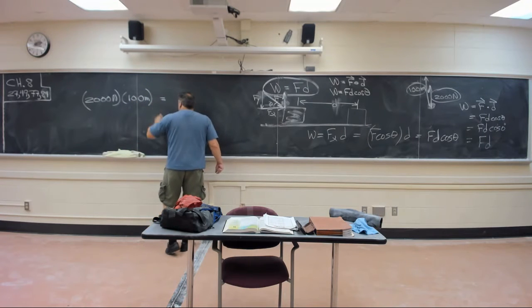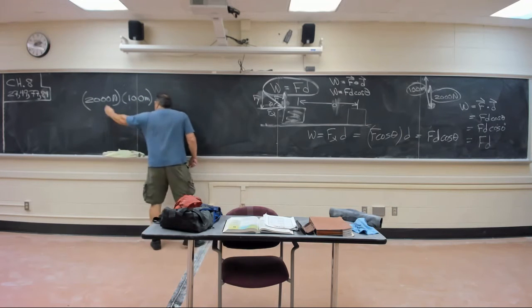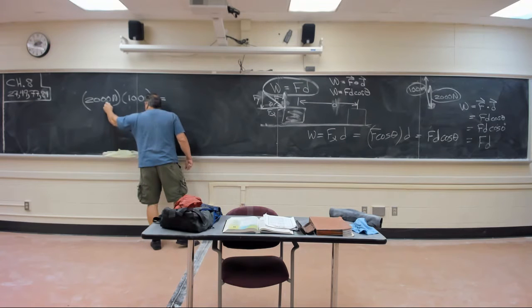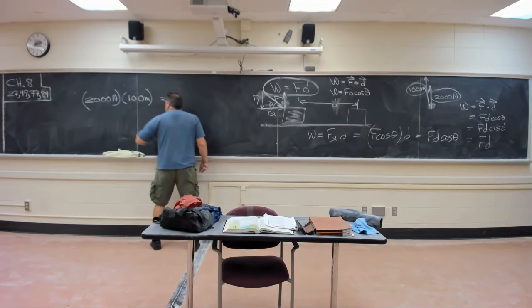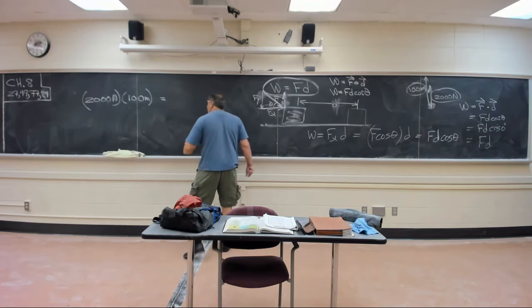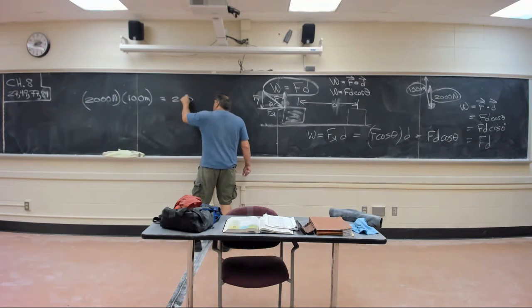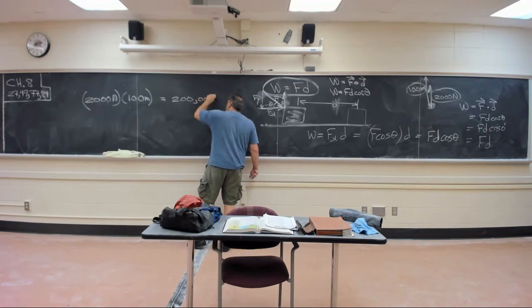That's pretty crazy. 2,000 newtons times 100 is 200,000 newton meters.